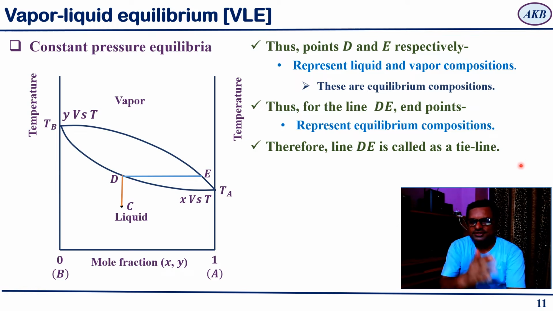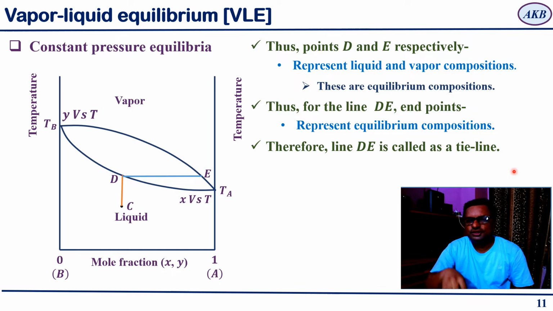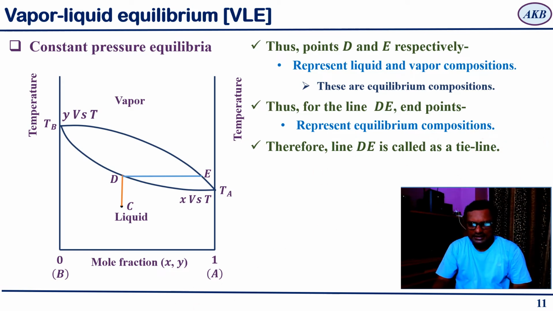So please remember, a tie line is that line whose endpoints represent equilibrium compositions. In this case, endpoints are representing compositions of liquid and vapor that are in equilibrium with each other. Therefore, this line DE is called a tie line.